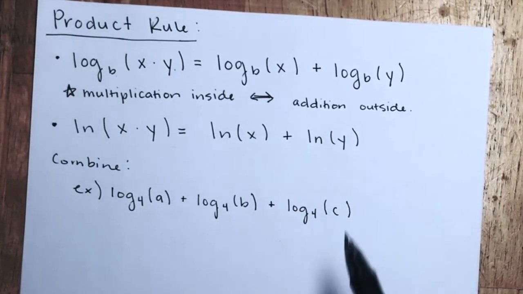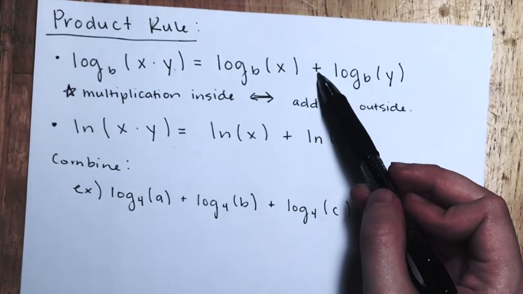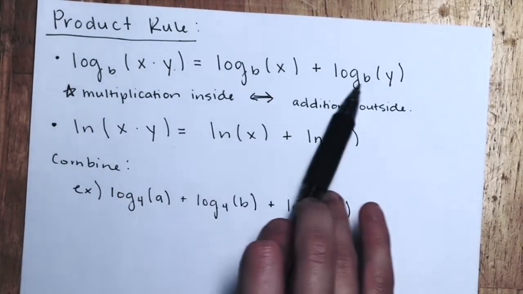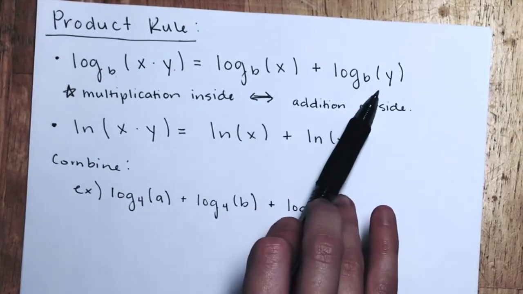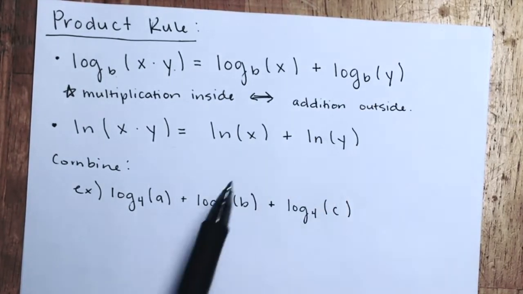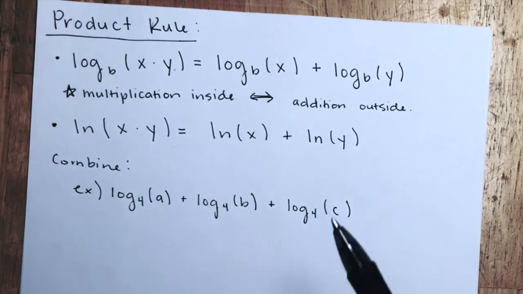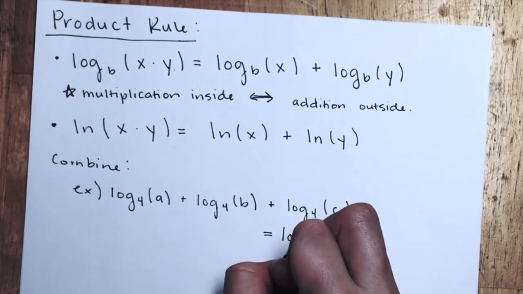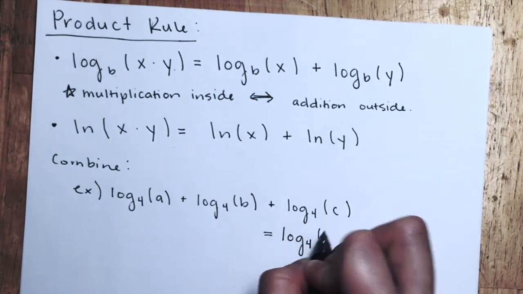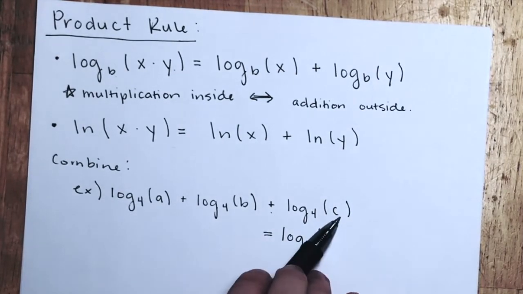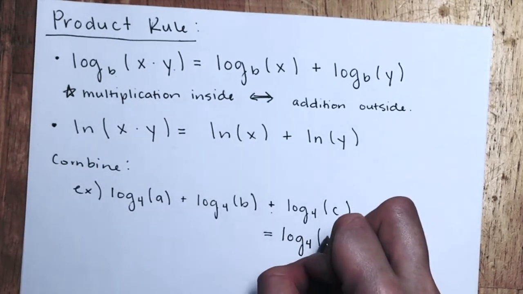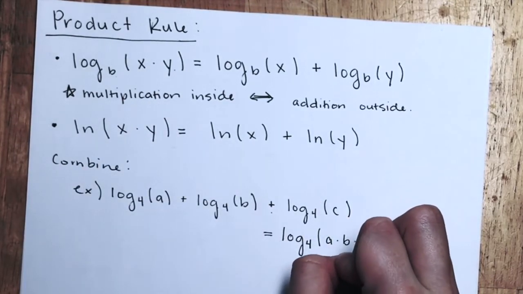So based on our rule here, we know that addition on the outside, if we have the same base, we have to have the same base. We have the same base here, it's all 4. This is equal to log base 4 of, and then since we're adding these all, we can turn it into multiplication on the inside. A times B times C.